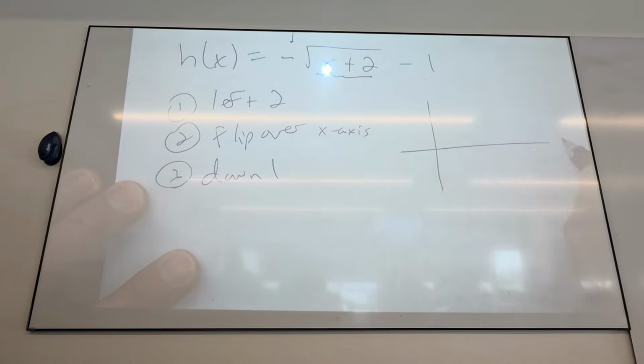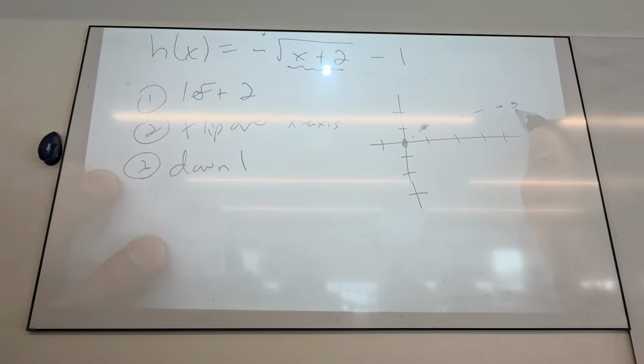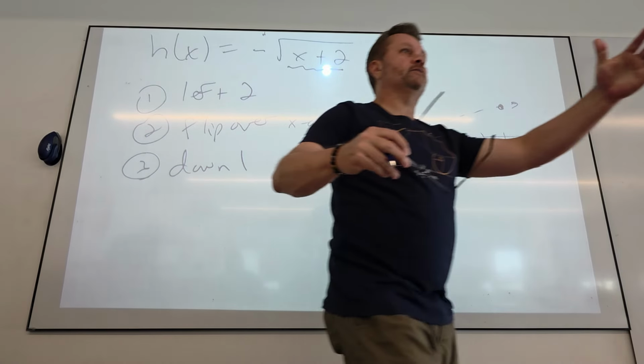So then I graph the base function. Two things: you have to know the shape of the function, and you have to know some anchor points, some base points.